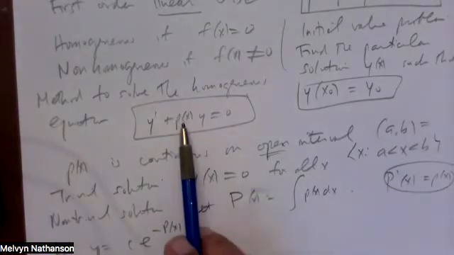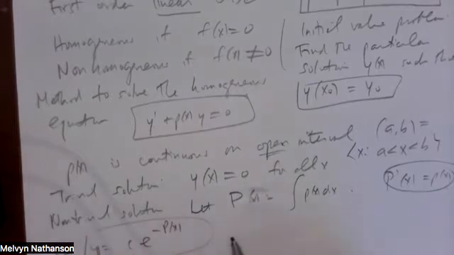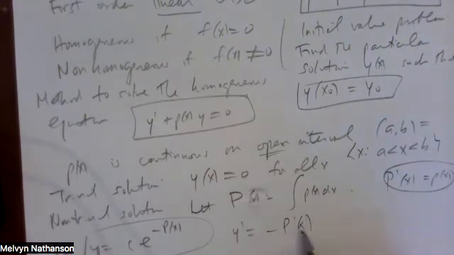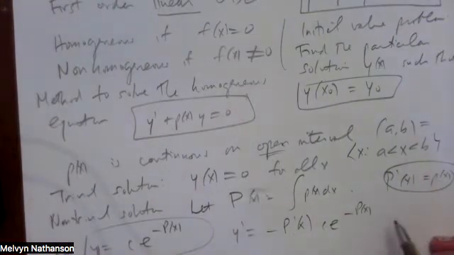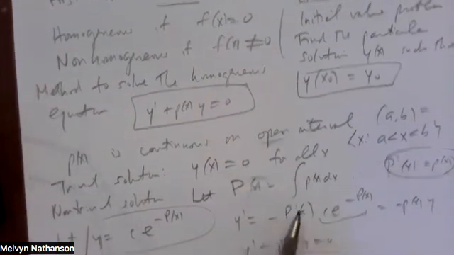So you have the function little p, you integrate it, you get capital P. Look at this function. So what is y prime? Y prime, by the chain rule, is minus capital P prime of x, c e to the minus P of x. But capital P prime is little p. So this is minus p of x, and this is y. So we get y prime plus p of x y equals 0.